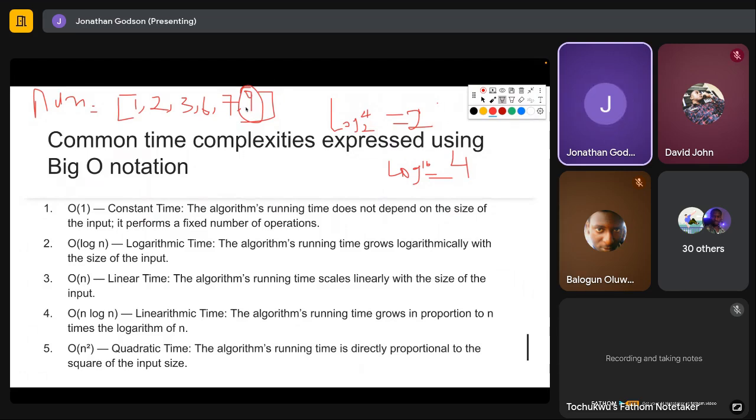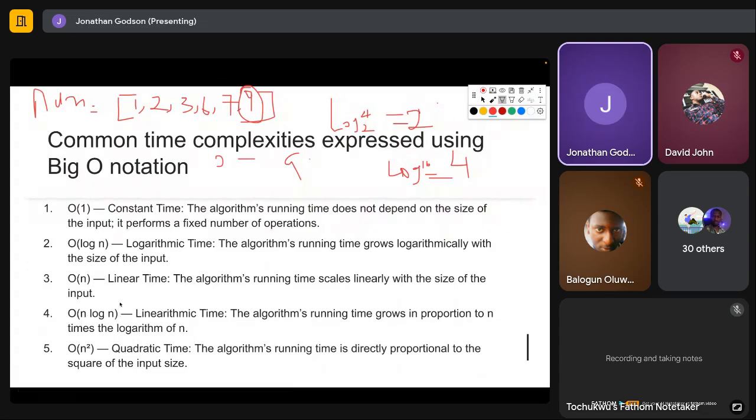So if we have an array that contains 1 million elements, it is going to take us also 1 million iterations to get to an element at the last index. If we start from 0, that would be 999,999 or thereabout.